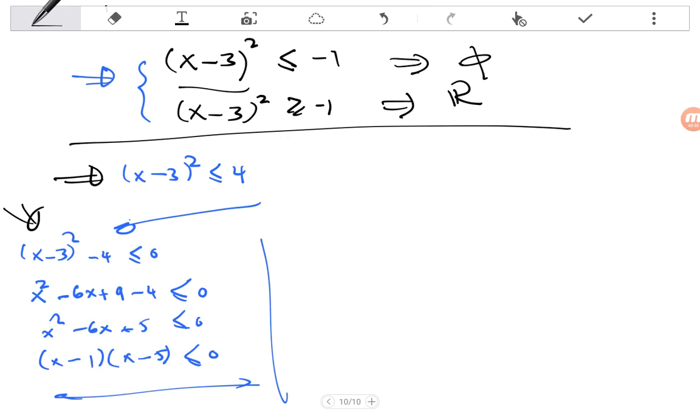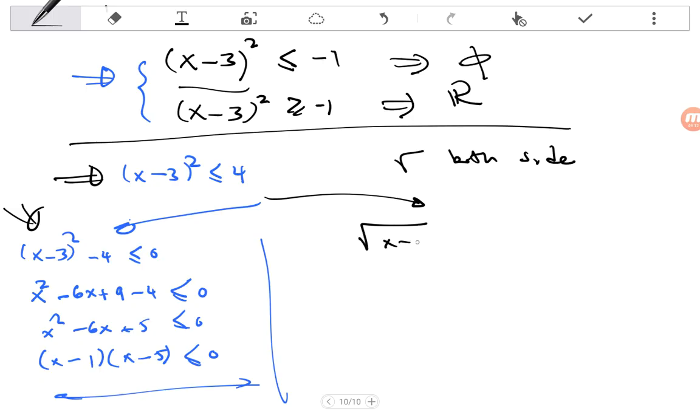How? The second method is based on taking the square root of both sides. We just learned before that we cannot square both sides. But could we take the square root of both sides? Yes, we can.